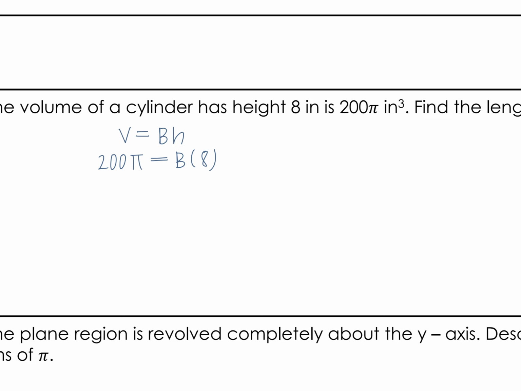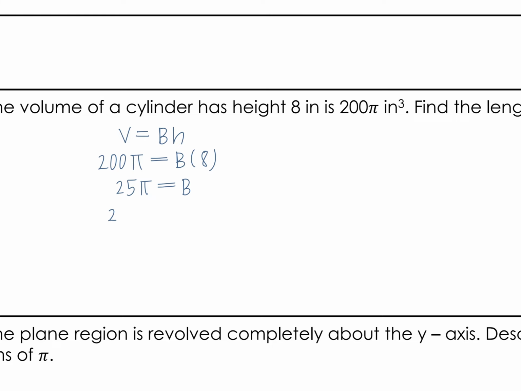And when I divide that 200 by 8, I'm going to be left with 25 pi is equal to that B. Now, my B, remember, is area at the base. And since we have a cylinder here, we know that the base is going to be a circle.